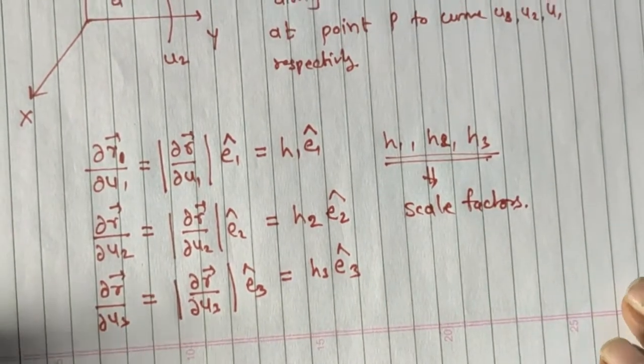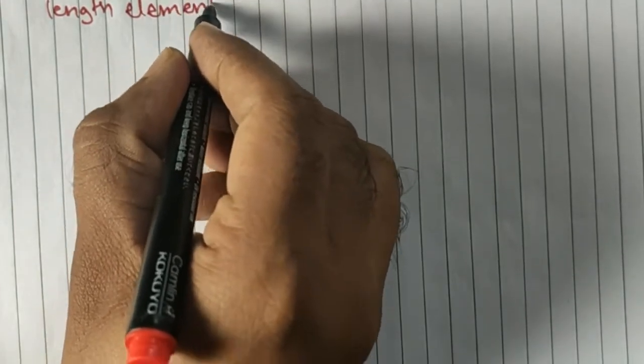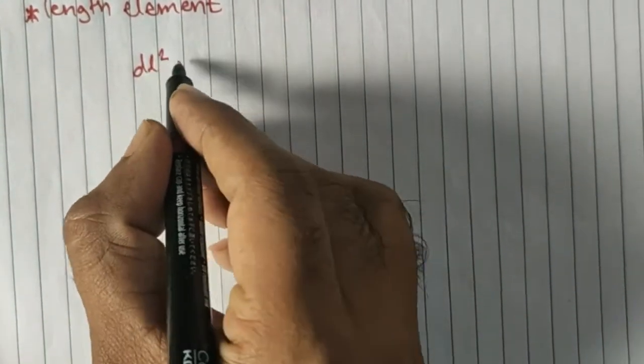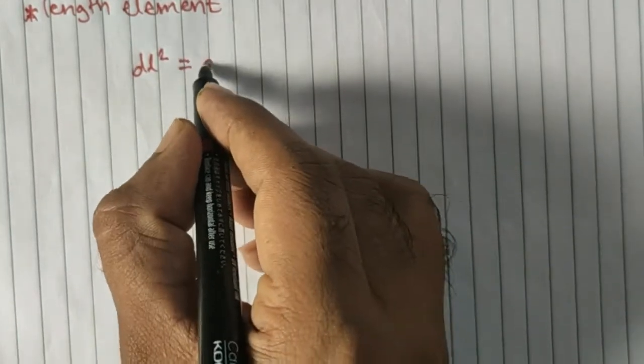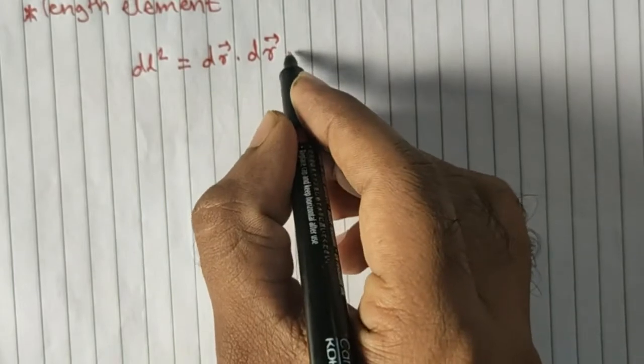Now we will try to define a length element. So length element dl square is written as dr bar dot dr bar.